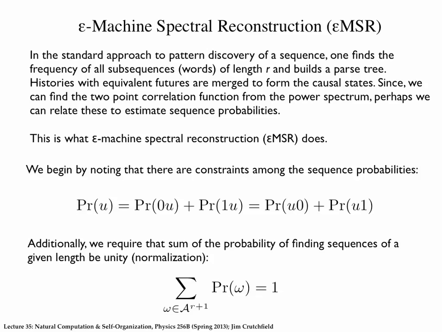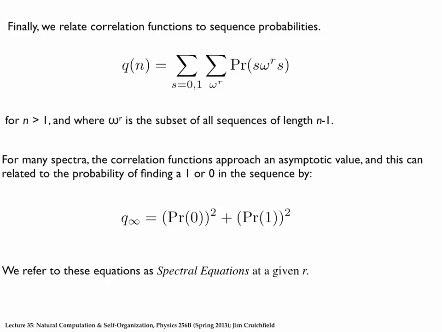I think y'all are comfortable with that. I'm not on shaky ground here. And then finally, this one, you have to sit down with a little piece of paper and pencil and work it out to feel good about it. But it turns out that the correlation functions are sums over the probabilities of sequences, and the sum looks like this. I will work out some examples and show you where that sum comes from.